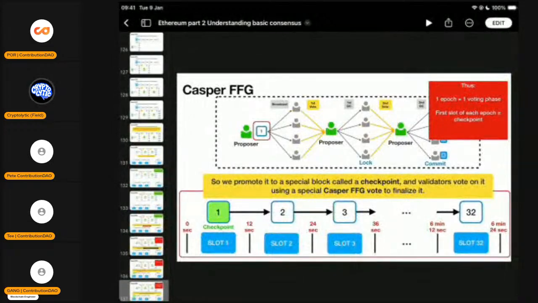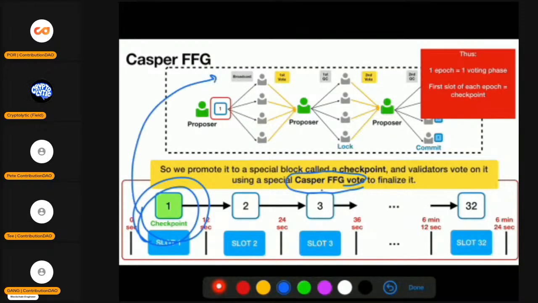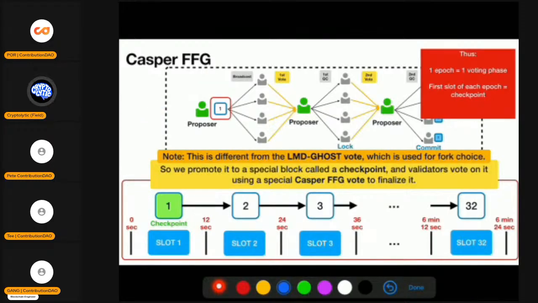When you map this, Ethereum also introduced another kind of voting called the Casper FFG vote, and its sole purpose is to let the validators vote for this checkpoint and try to commit this checkpoint like the above protocol.